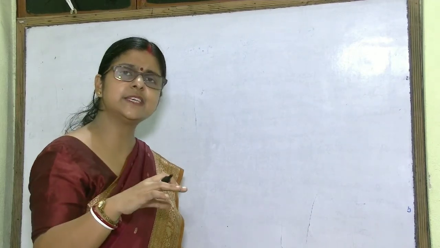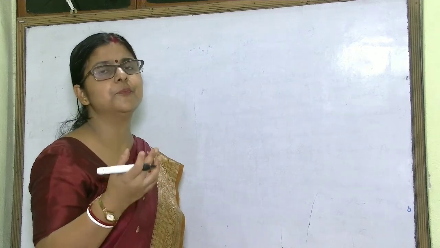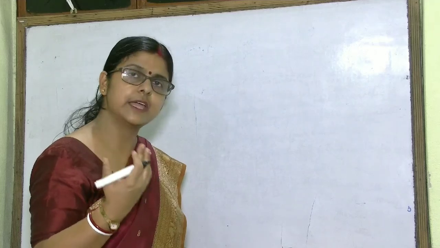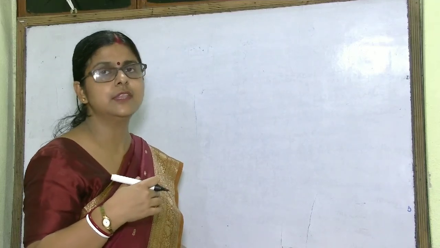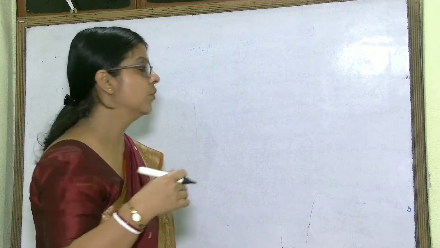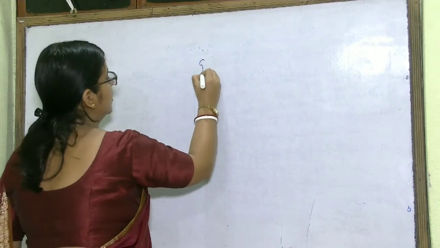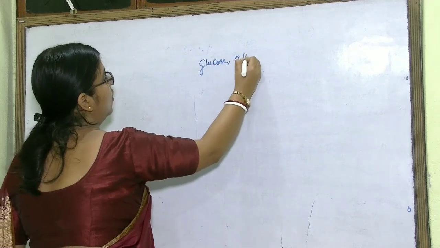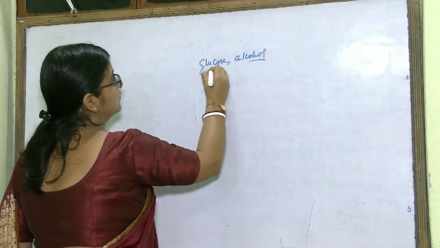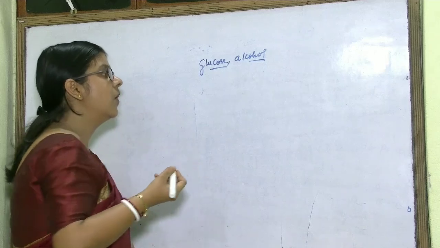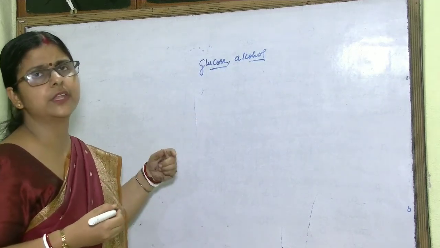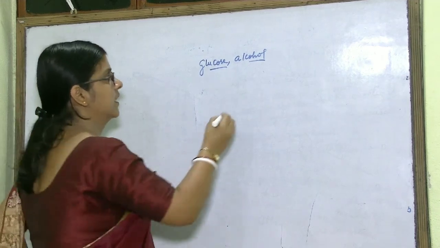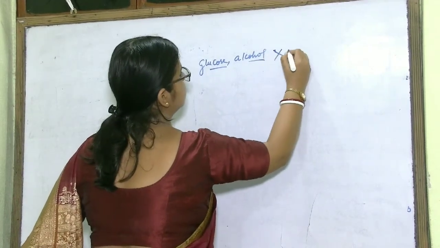And if a species contains hydrogen, but does not give H plus ion in water, then that is not an acid. What I am telling, you should remember that like glucose, alcohol, sucrose, anything you can take, all these compounds contain hydrogen, but they are not acids.